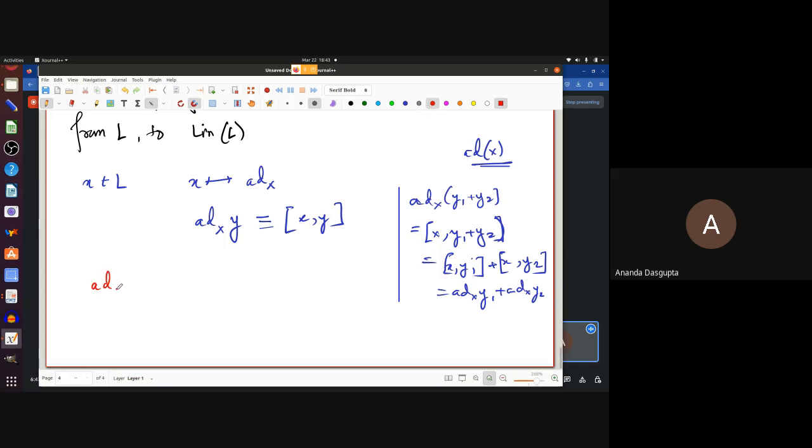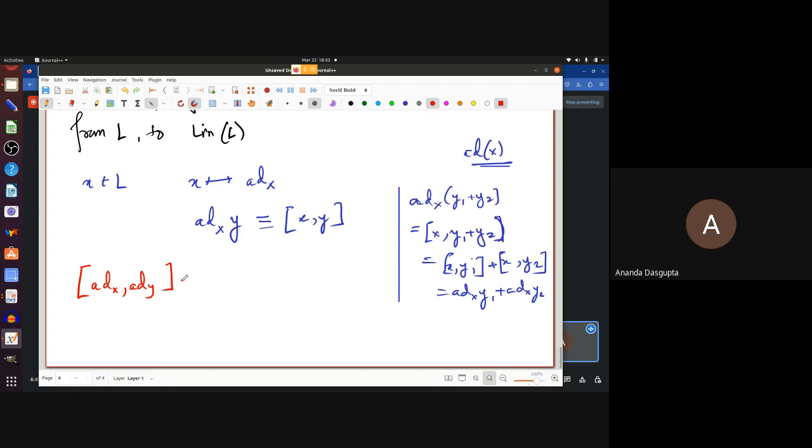So let's look at this. ad x is a linear operation. Being a linear operation, of course, you can multiply them together, right? Multiply meaning do one after the other. And you can, of course, multiply them in the other order and therefore can also figure out what the commutator is.